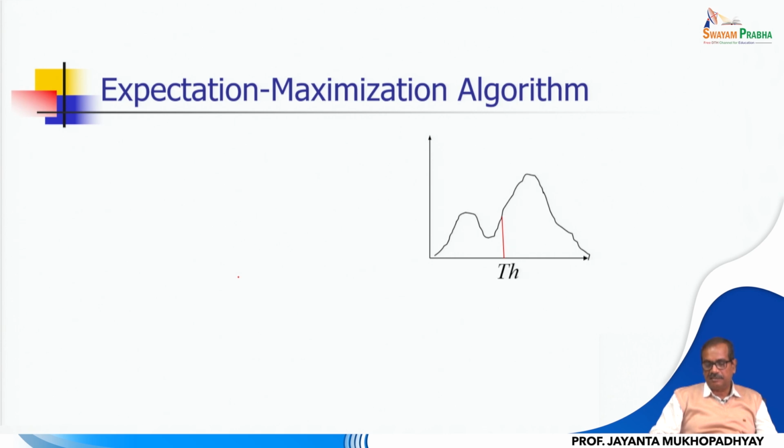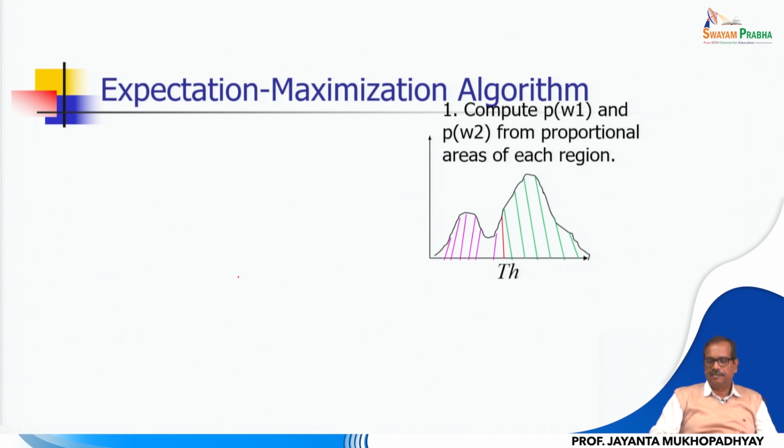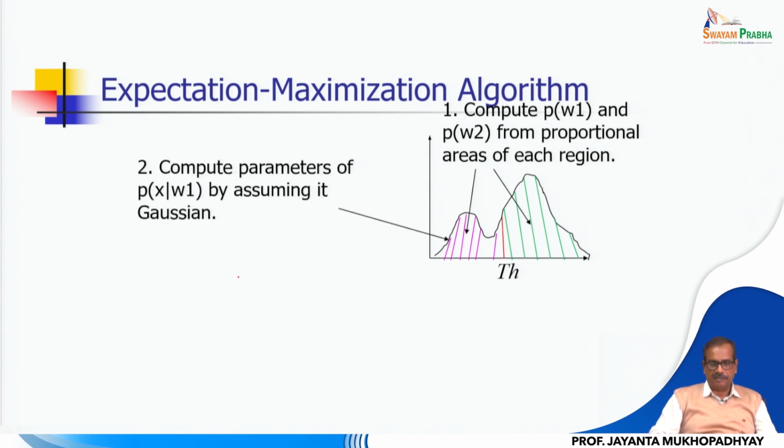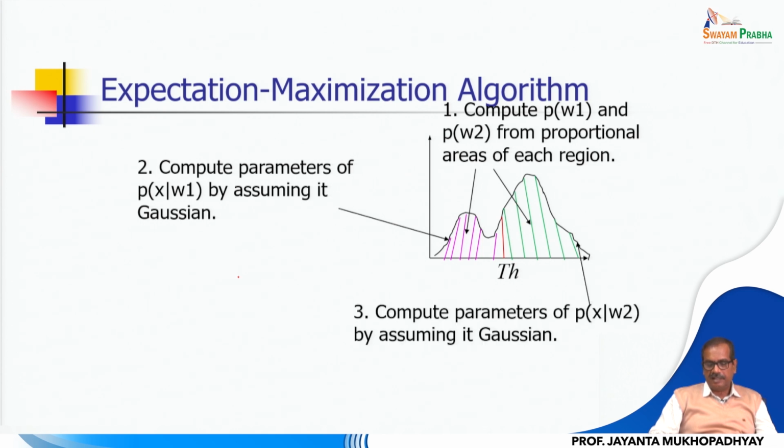With this division, you can compute the proportional areas for W1 and W2, and estimate the class priors, probability of W1 and probability of W2, from the proportional areas of each region. Then for each region, through parametric estimation, you can compute the likelihood probabilities. By assuming a Gaussian, you can compute its mean and standard deviation. Similarly, for the other one also, you can compute its mean and standard deviation.